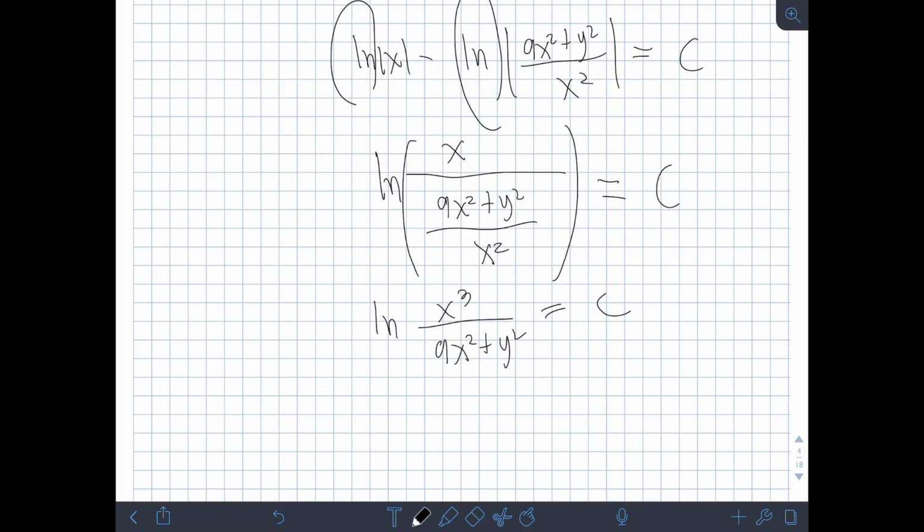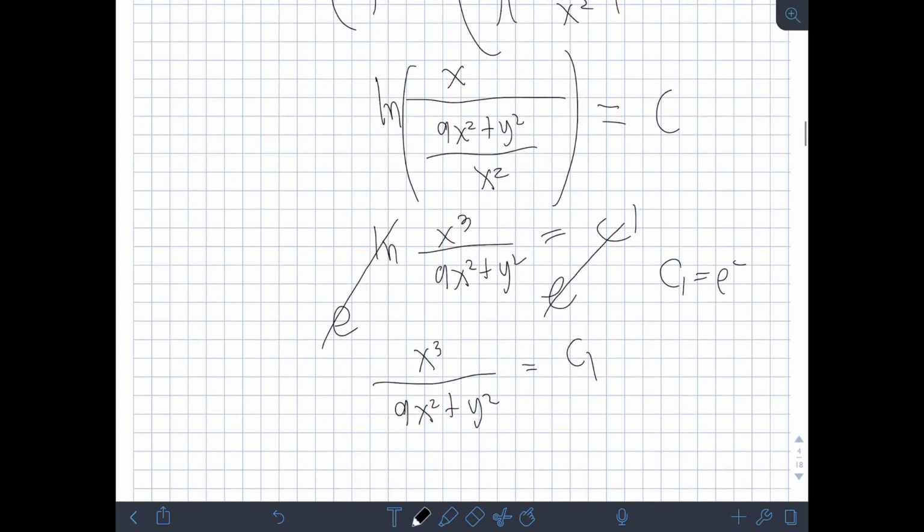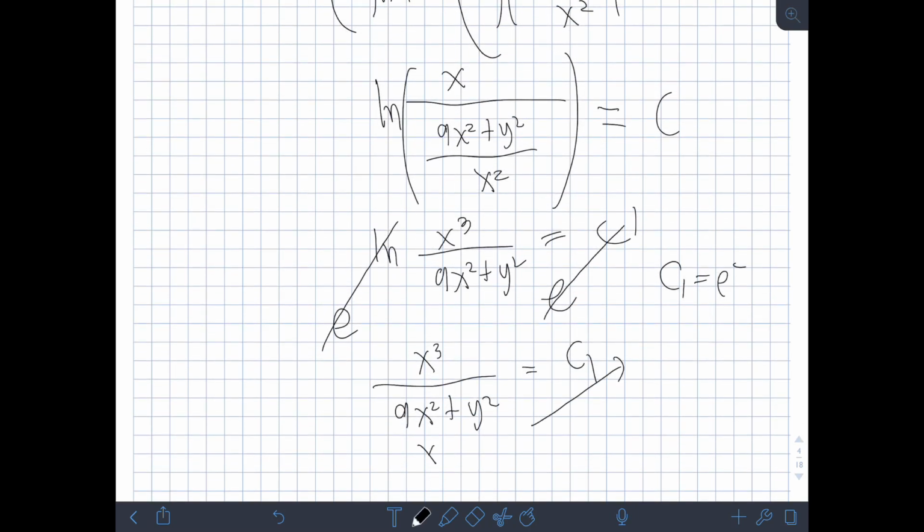Then, gawin nating exponent, same base e. Makakancel dito si ln, magiging x cubed over 9x squared plus y squared equals, gawin na lang nating single constant c1. So, therefore, cross multiply ko, x cubed is equal to c1 times 9x squared plus y squared.